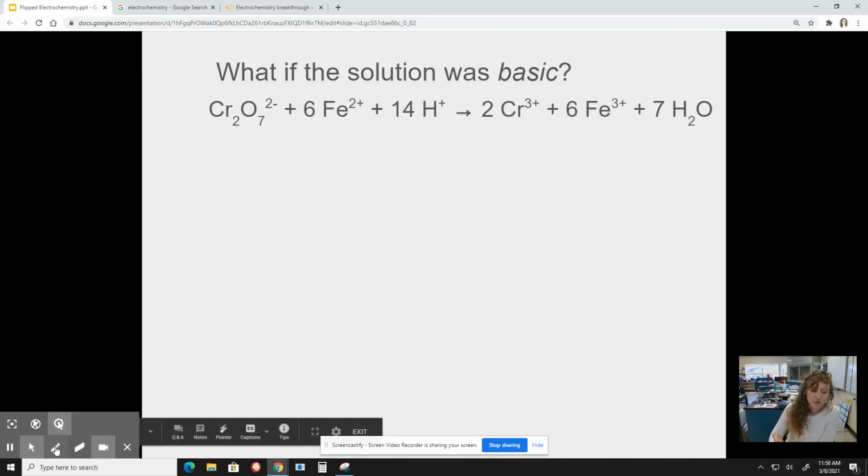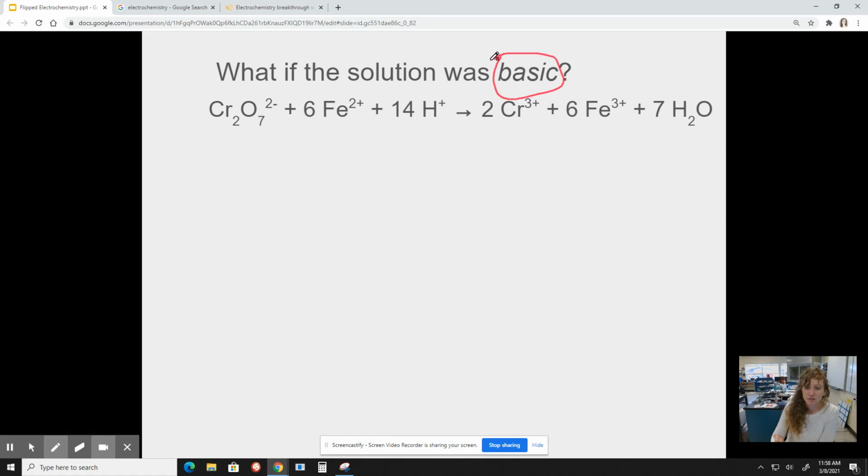You may also recall that you're going to have an additional step if you are balancing it in a basic solution. Normally we add H+, which is assuming that we're going to have an acidic solution.